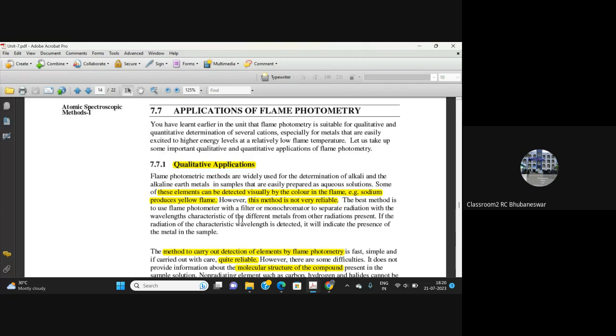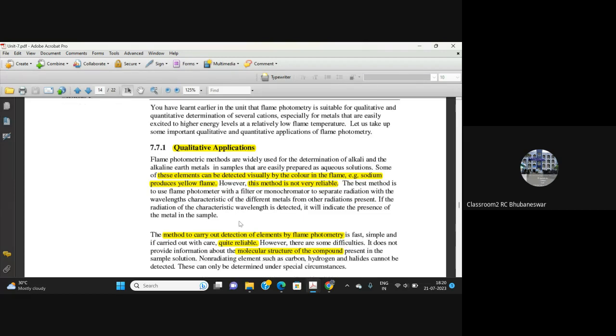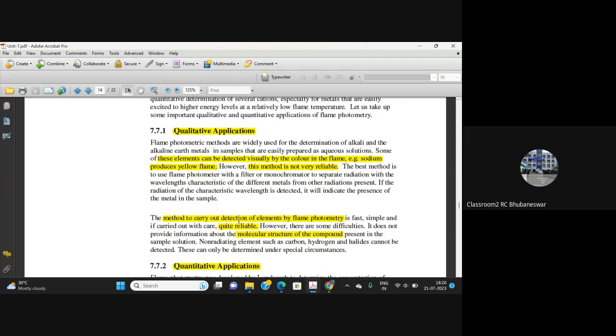But the cost is more also, and some limitations are there with these techniques. But these are more specific for alkali and alkaline earth metals. So there are two applications, qualitative as well as quantitative. But mostly we don't study the qualitative applications; mostly it is not done by flame photometry.